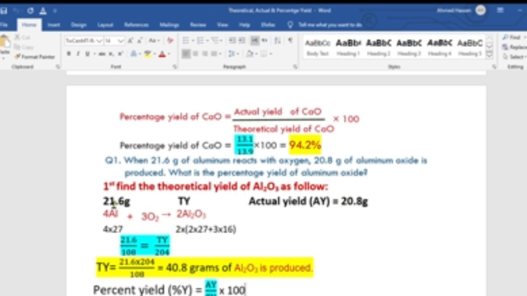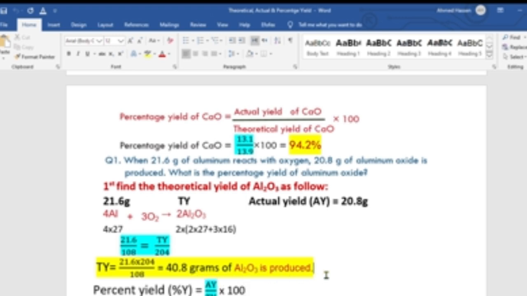The given mass belongs to aluminum metal, which is 21.6 grams, and the total mass of aluminum is equal to 4 times the atomic mass of aluminum, 27, and the theoretical yield, X, over the total mass of aluminum oxide, which is 204. Therefore, the theoretical yield is 21.6 times 204 divided by 108, which is equal to 40.8 grams of aluminum oxide produced.